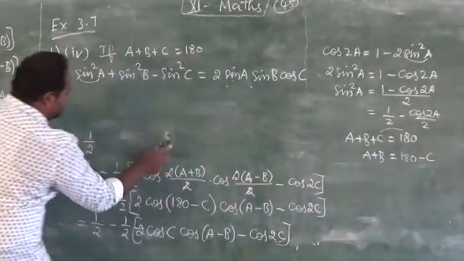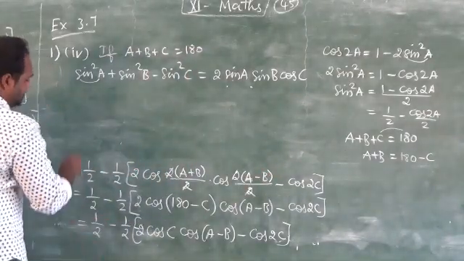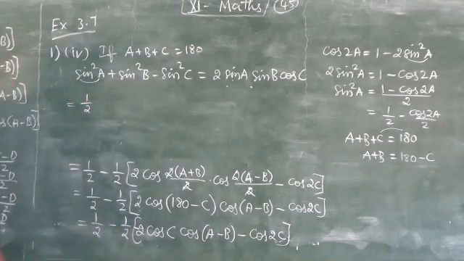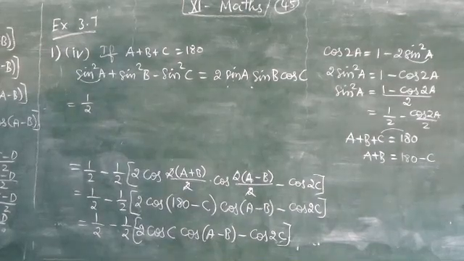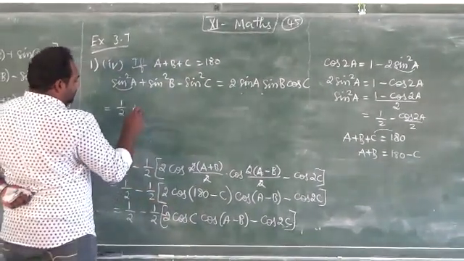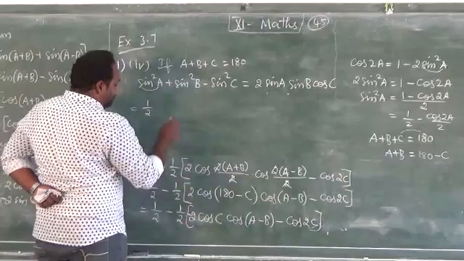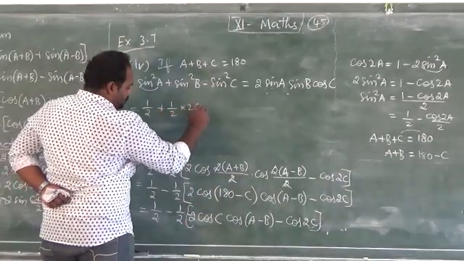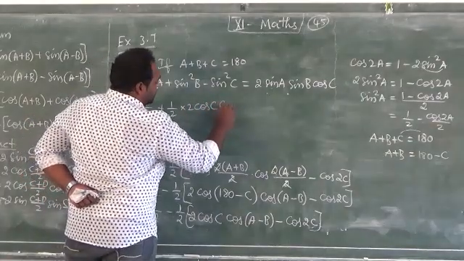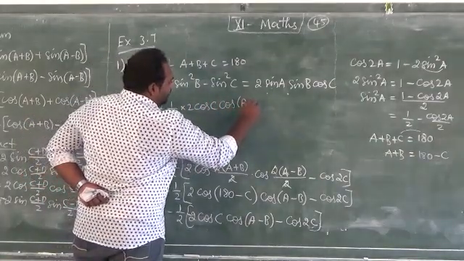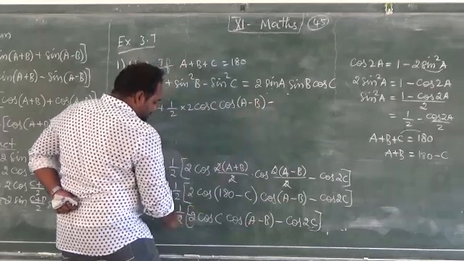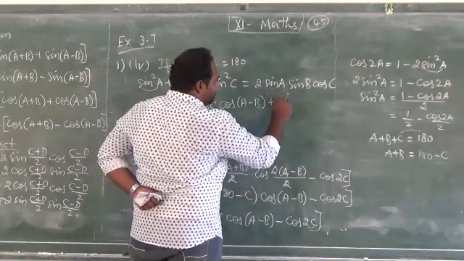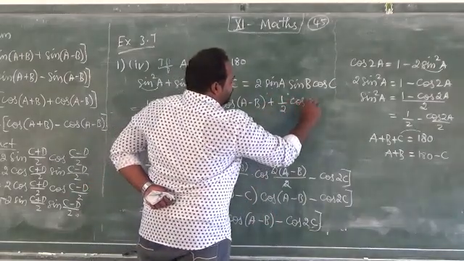Next step, once again I am going to write these two terms as it is. 1 by 2, bring this minus 1 by 2 inside the bracket. It will be minus into minus plus. 1 by 2 into 2 cos C and cos of A minus B, minus, here we have to multiply inside, minus of into minus plus of cos 2C.